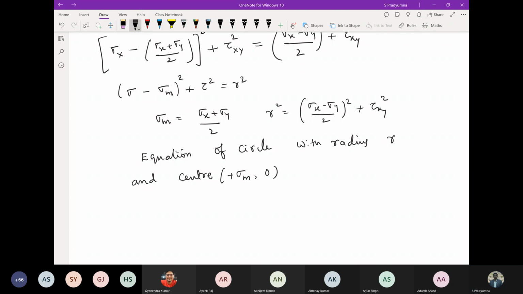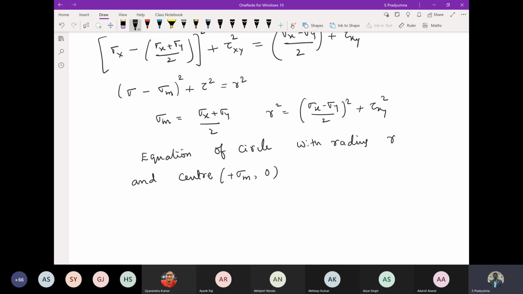So if we plot on this circle, satisfying this condition, with sigma m comma 0 as the center and r as the radius, any value of sigma and tau for any particular orientation can be located on that circle.